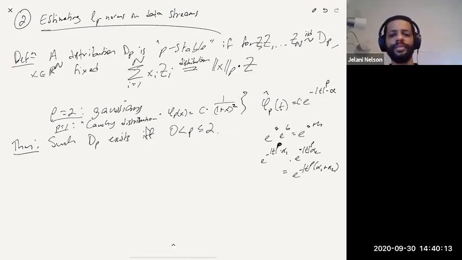Okay, good. That's all I wanted to say about p-stable random variables. Let's just use the fact that they exist and can be efficiently sampled. So now how do you use that for estimating LP norms of data streams?